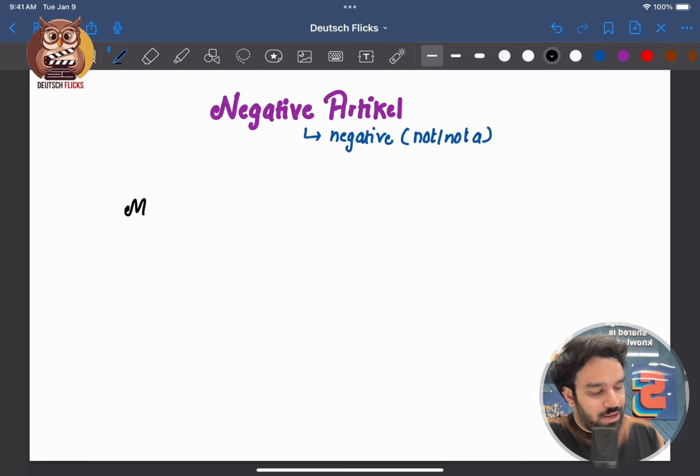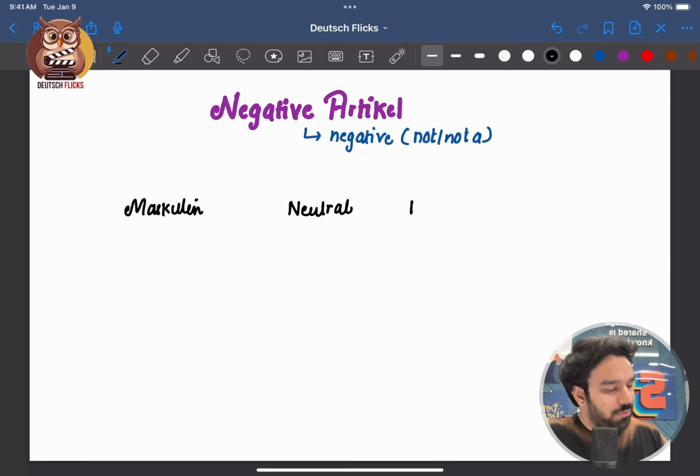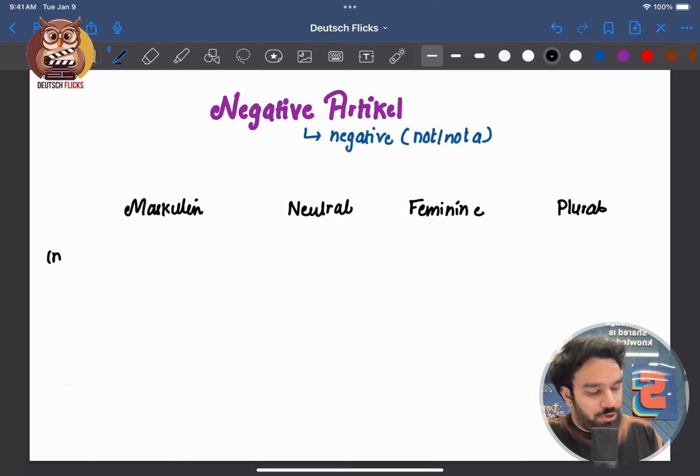We have masculine, neutral, feminine, plural. We are going to see how we say "not" or "not a."